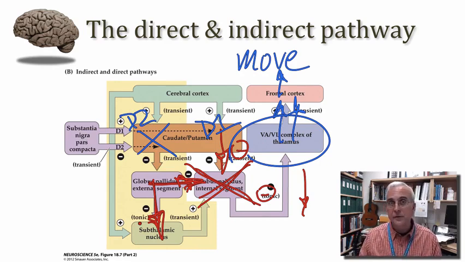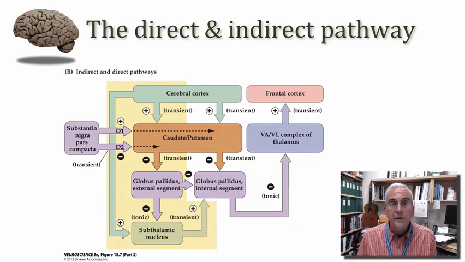And hopefully that gives you some insight into the problems that we would face if we didn't have enough dopamine to shift the balance and activity in favor of the direct pathway and the expression of movement. Now, what I've been illustrating for you is the circuitry involved in the body movement loop, or the dorsal processing stream through the basal ganglia.